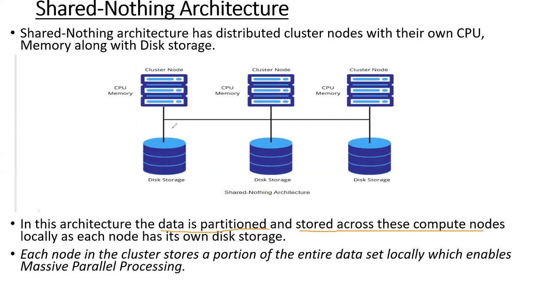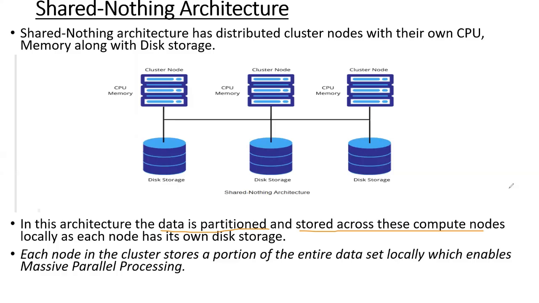Different storages for these nodes. It means the data is partitioned. For example, take the data related to employees of a company, let's say TCS. The employees work in Bangalore, Chennai, Hyderabad.